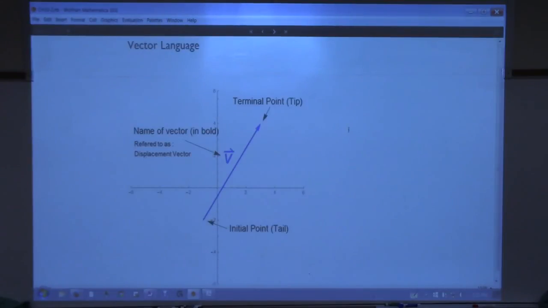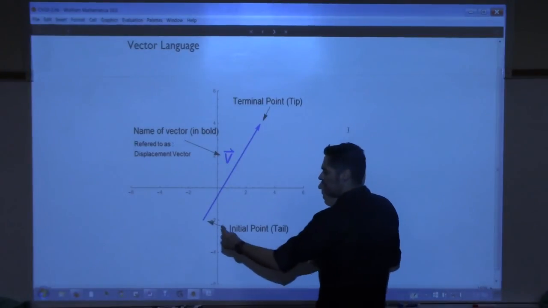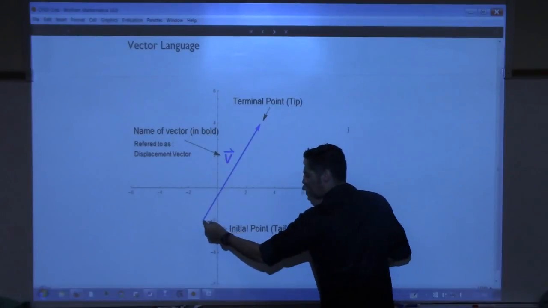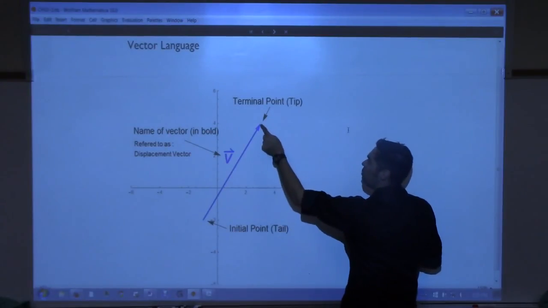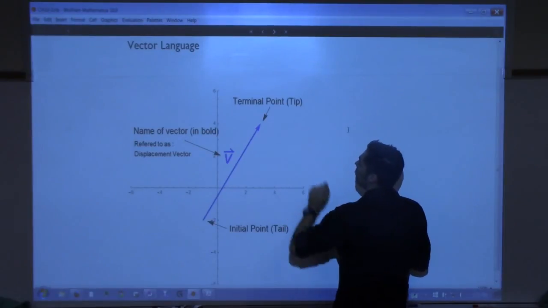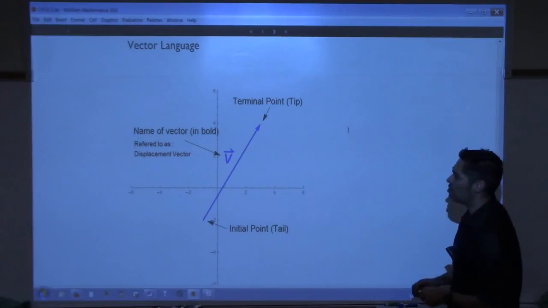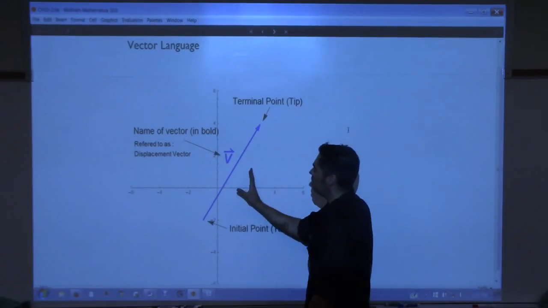Now, some language behind these things. If you're given a vector, we're going to have an initial point, which is where it would start, and what we call a terminal point, which is where it would end. The initial point we call the tail, the terminal point we call the tip. We also use a special notation for this vector.